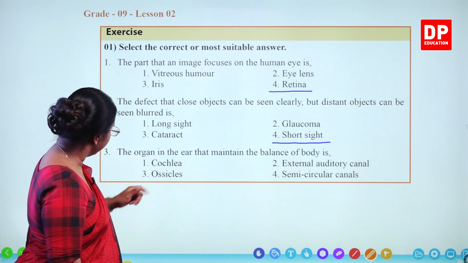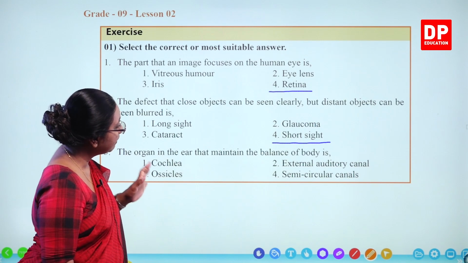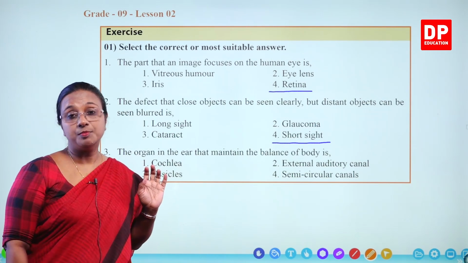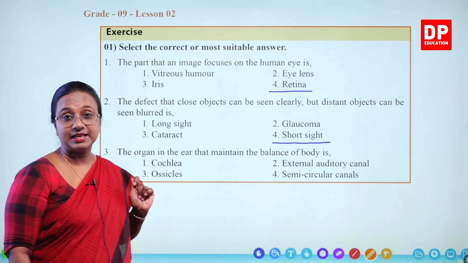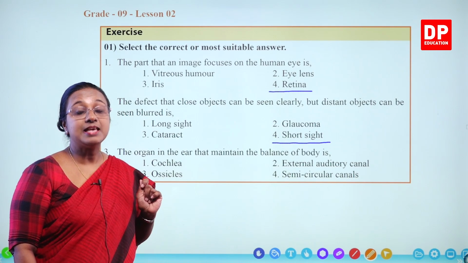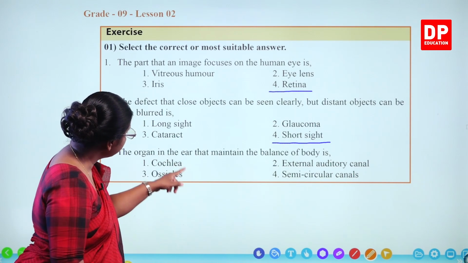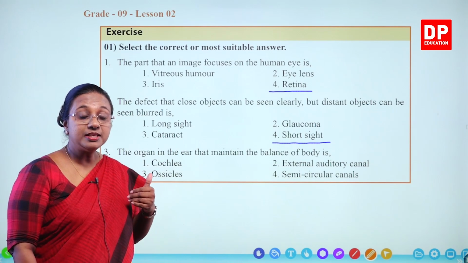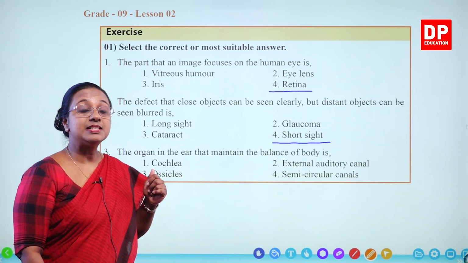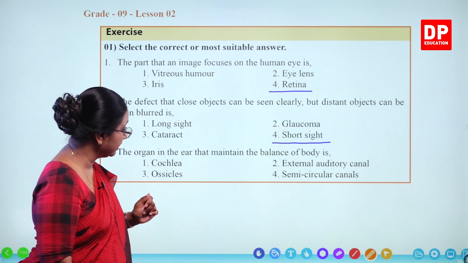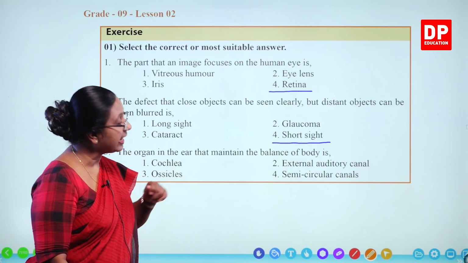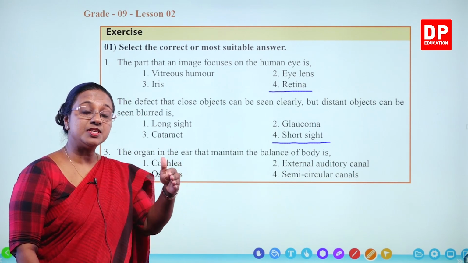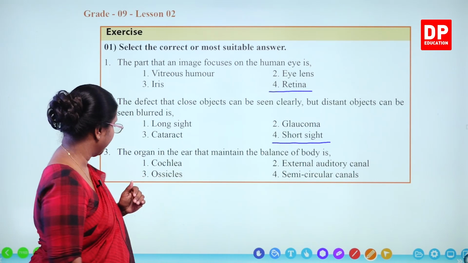Then the next one, the organ in the ear that maintain the balance of the body. What is that? That is the semicircular canals. So, here we have cochlea, from the cochlea only the auditory senses, impulses are transmitted to the auditory nerve. Then external auditory canal, it directs the sound waves to the tympanic membrane.